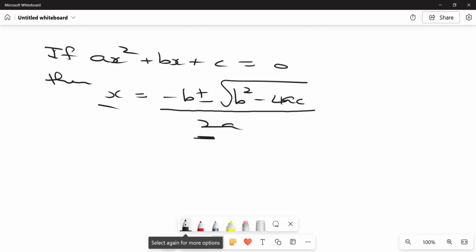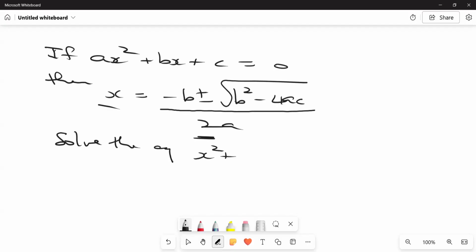But I'm just showing you how to do substitution. So let's say you're told to solve the equation x squared plus 5x plus 6 equals 0. Well, basically what you want is the value of x.